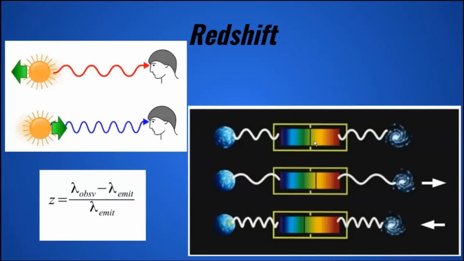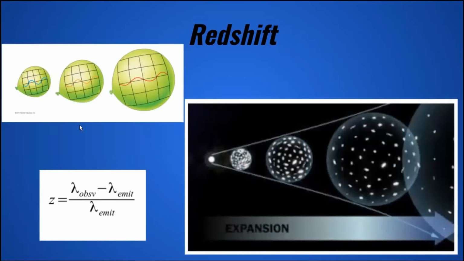So we determine redshift by looking at absorption lines, usually, because they move from their position in a lab or on Earth. And we can determine if the galaxy is moving further away or closer to us, and by how much. But this is not necessarily due to the movement of the galaxy, but is due to the expansion of the universe, which is stretching the wavelength itself.